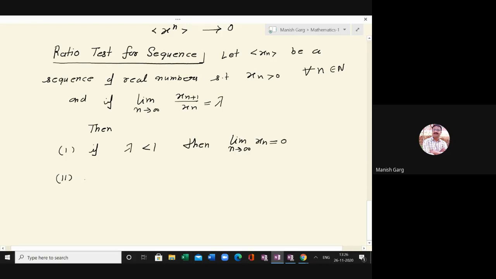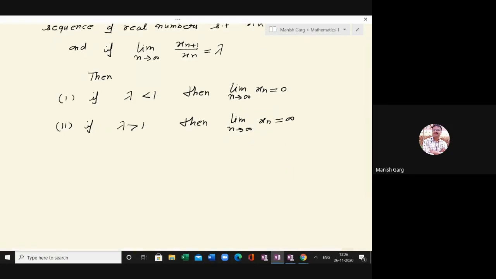Second observation, if lambda is greater than 1, then the limit as n tends to infinity of xn will be infinity. So with the help of this ratio test, you can find the limit of the sequence xn. But if lambda is equal to 1, you cannot say anything. You cannot conclude anything from this test.